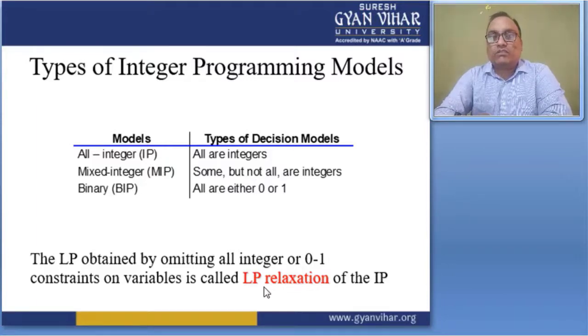Then in step 2, if x star is integer, stop; otherwise find a valid inequality that excludes x star. If you get an optimal result, stop; otherwise go to step 1 again.